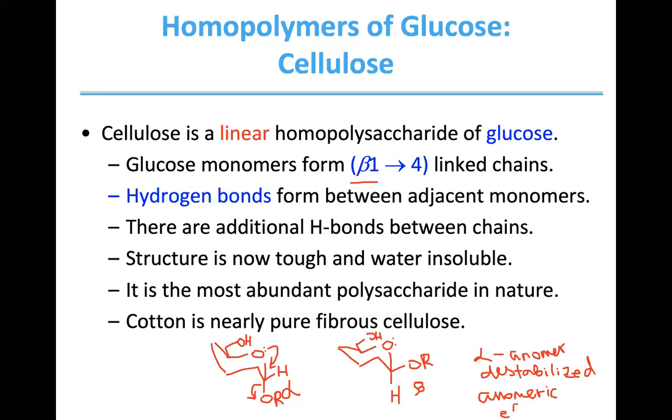You can ask any biochemist and they will not be able to tell you what an anomeric effect actually is. Well, they can tell you lots of other things, but this is specific to organic chemistry.